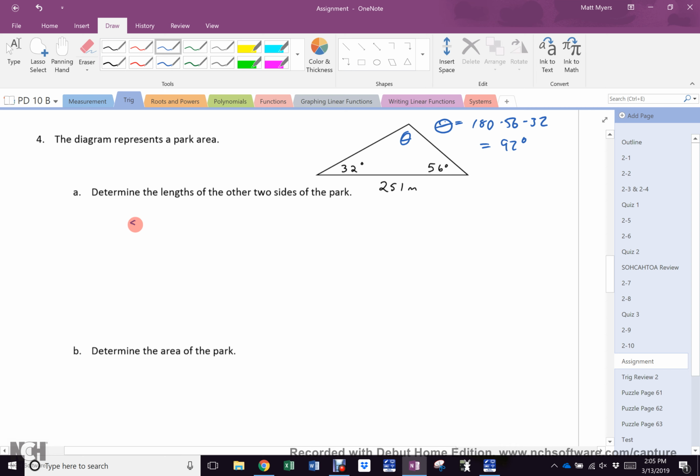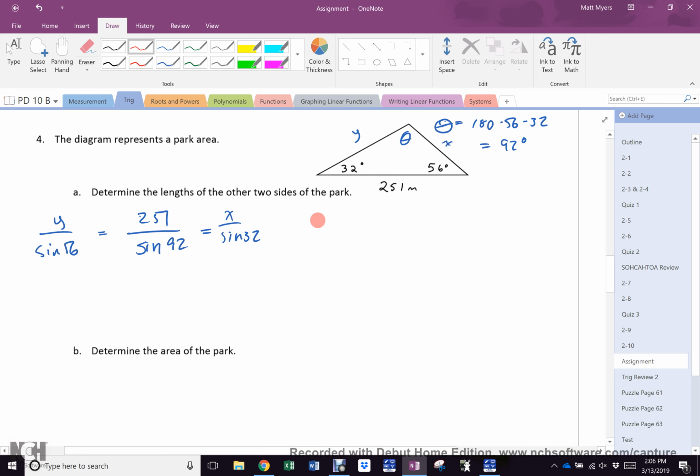So, sine 251 over sine 92 equals x over sine 32, and it equals y over sine 56.